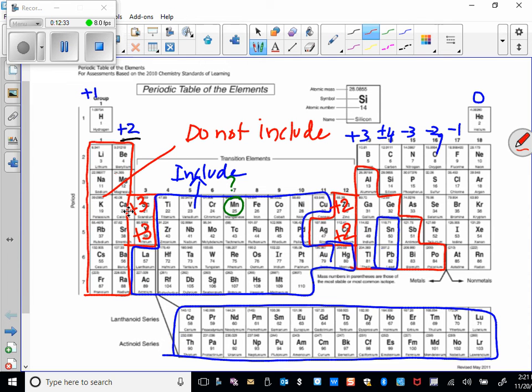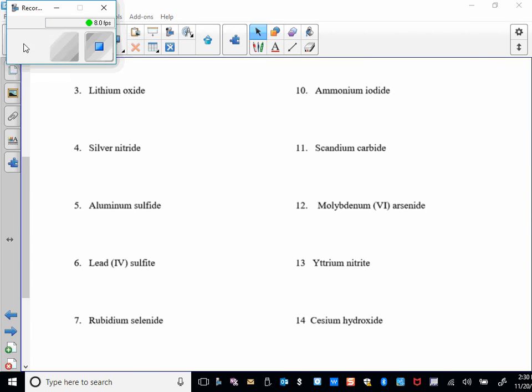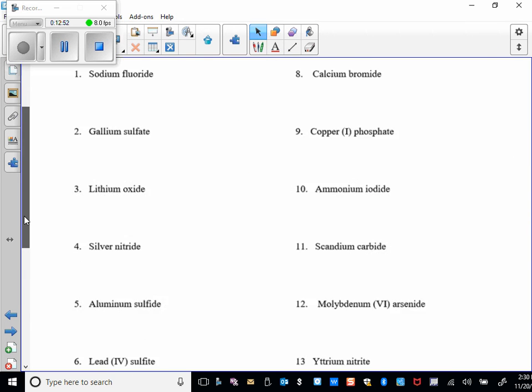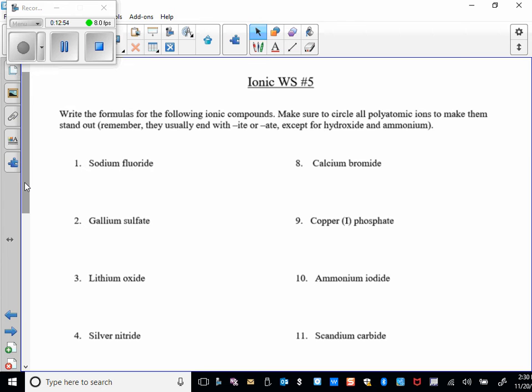Cadmium is always +2. And silver is always +1. These two are +3. These two are +2. And silver is +1. Remember that. Okay? Let us start with the formulas.